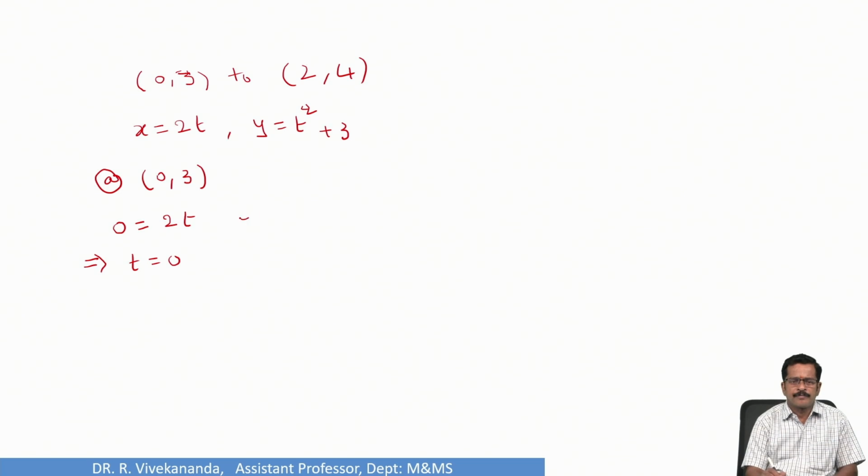At the same time, y is 3, which is equal to t square plus 3. That implies t square is equal to 0, so t is 0. So at the point 0, 3, t becomes 0.